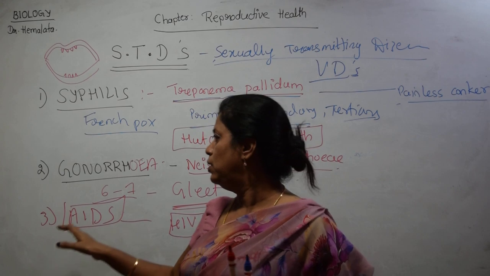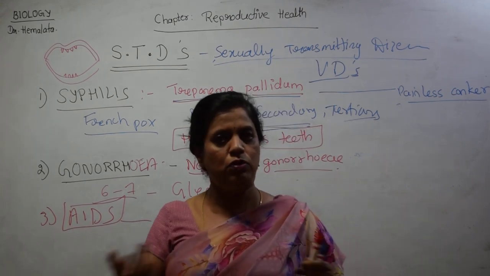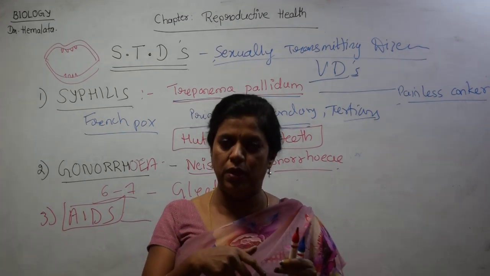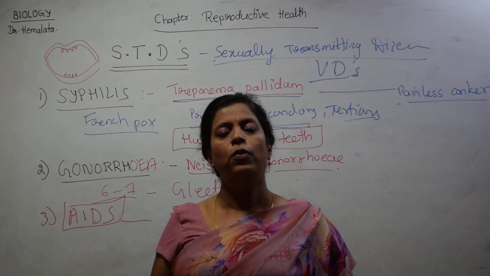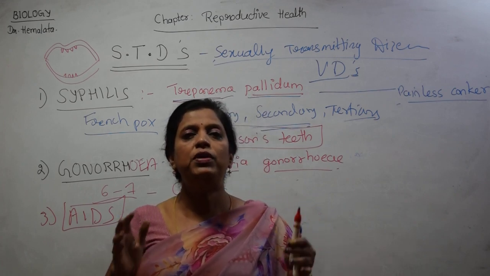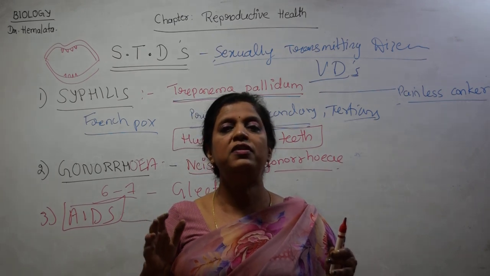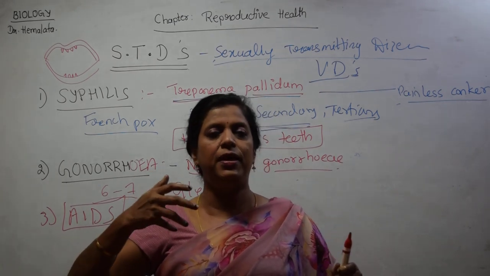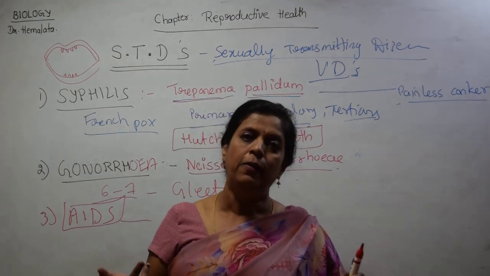Acquired immunodeficiency syndrome is acquired because of the infection transmitted through sexual transfer, and the immunity goes wrong. Therefore, the person who has AIDS will have no special symptoms other than those of any other disease. For example, they get diarrhea through bacteria.